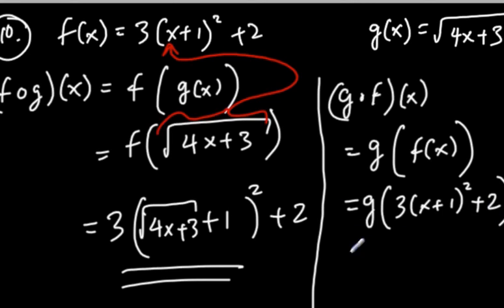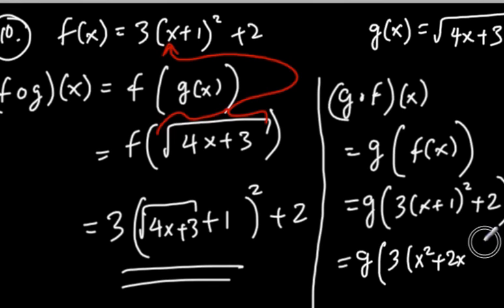I'm going to close the bracket there. And I'm actually going to simplify this expression a little bit. So it's going to be g of 3 times x squared plus 2x plus 1, plus 2. And I'm going to close it right there.